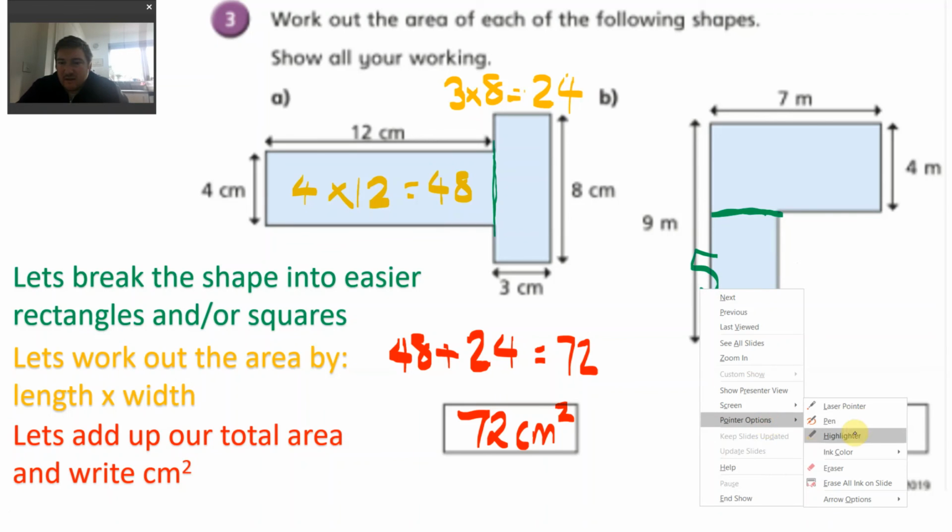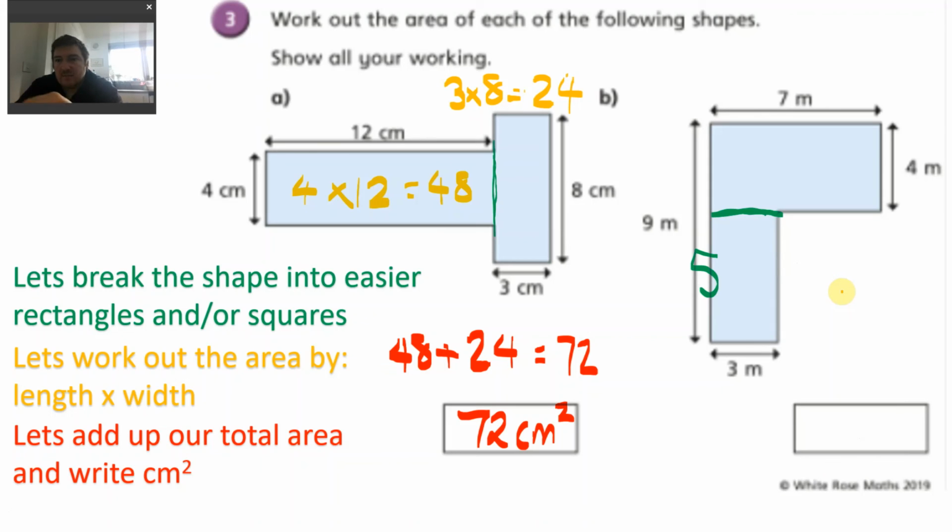Now we can have a go at working out our sum. So 7 times 4 equals, pause the video if you want to work alongside, 28, and 5 times 3 equals 15.